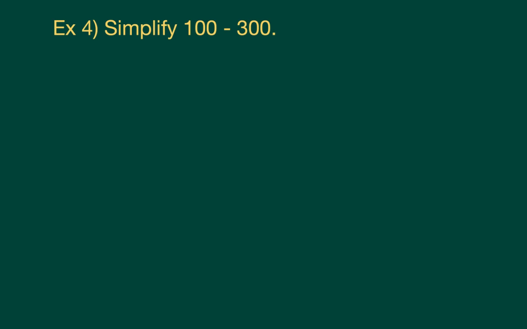But because the minuend and the subtrahend are backwards, the answer is going to change from positive to negative. So we have 100 minus 300, which is 200. And because the bigger number is second, that means it's going to be a negative 200.